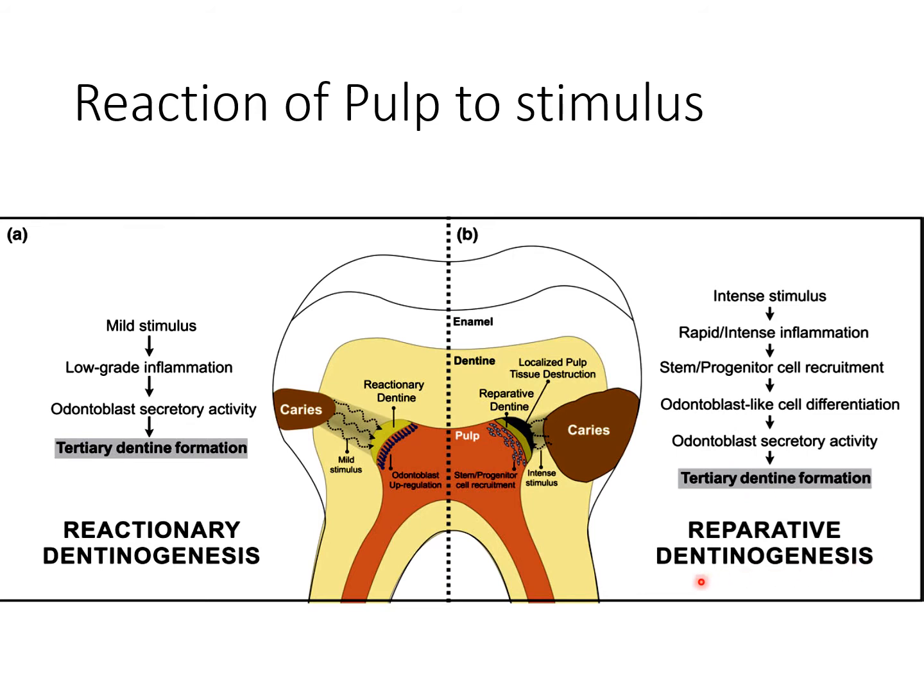So this process is called as reparative dentinogenesis, and this process is called as reactionary dentinogenesis. So there will be a difference between the structure and the quality of the dentine that is formed.